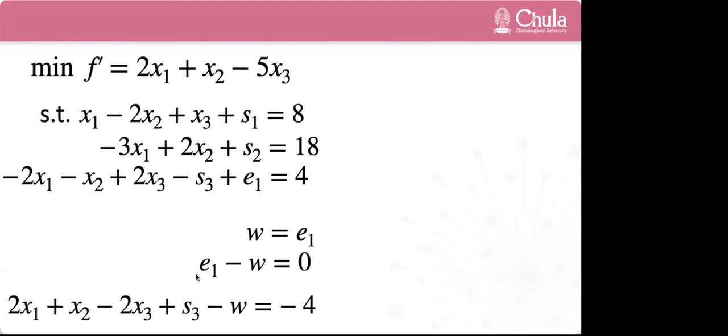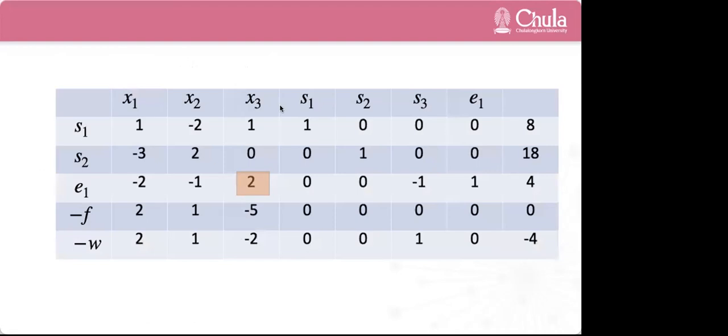So we set W as E1, so E1 minus W becomes 0, and then we set up the table again. From this table, because now W is -4, we have to solve this problem first in order to eliminate E1, right? By driving W to be 0.